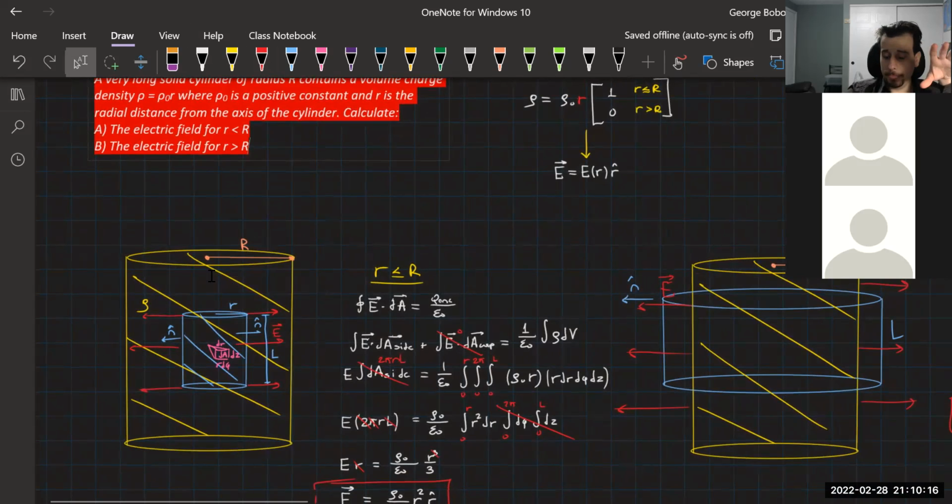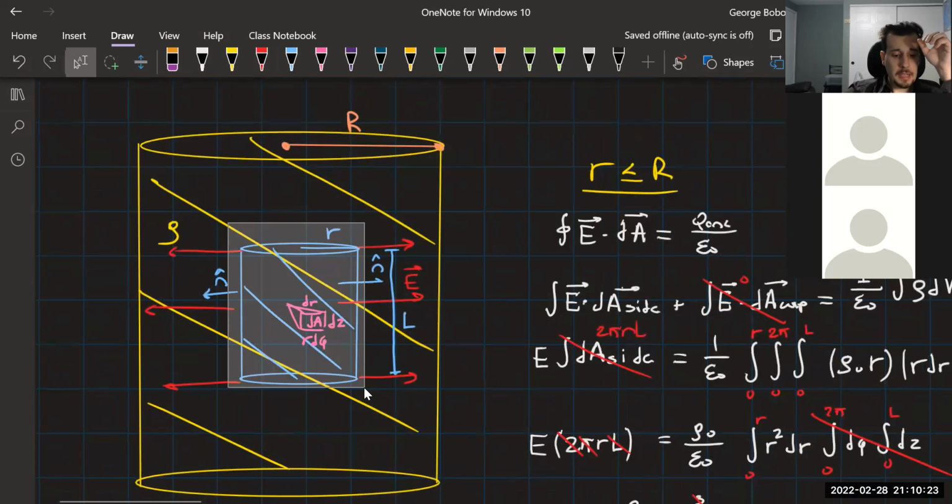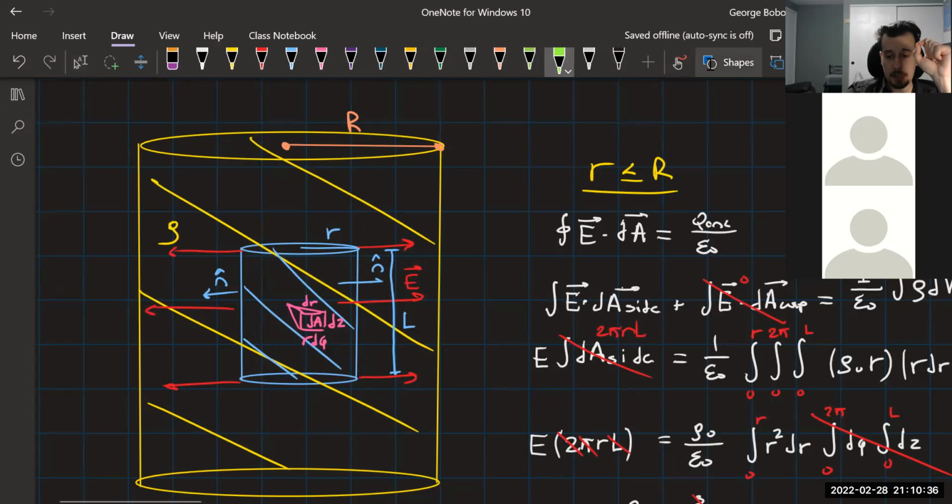So right now, if we are at a constant R, if our cylinder for the Gaussian surface sits at a constant R, everybody that's sitting right here, at the same distance from the z-axis, so I'm going to point a vector to show you what I mean.